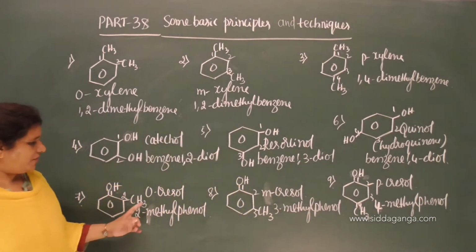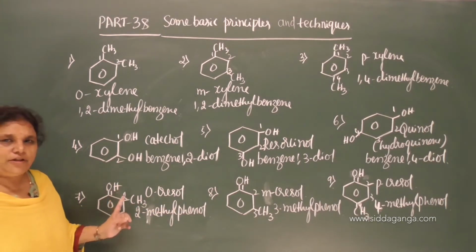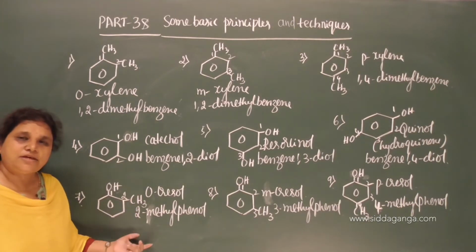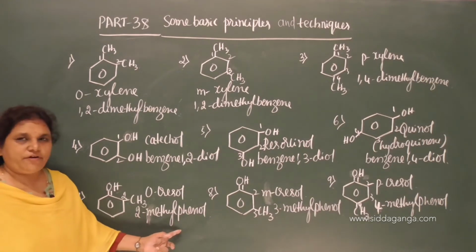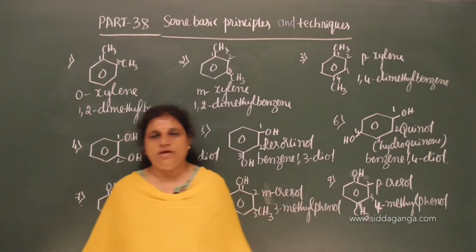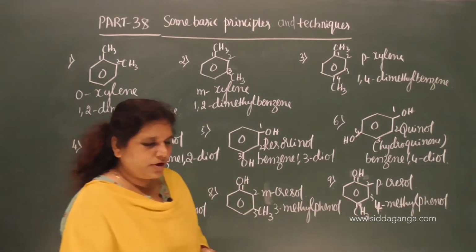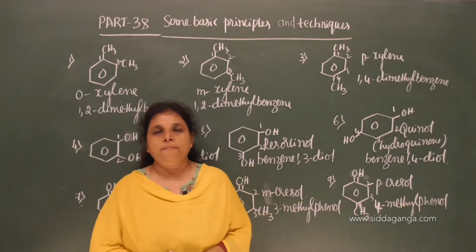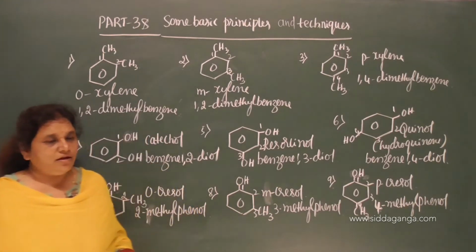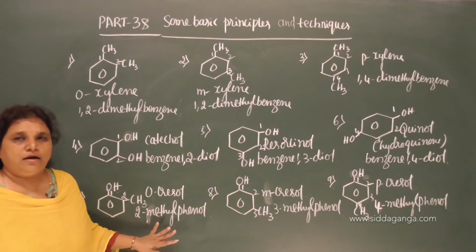So instead of o-cresol, you can even write ortho-methyl phenol. Instead of 2 here, if you write o, that becomes a common name. o-methyl phenol, m-methyl phenol, p-methyl phenol, meaning you can take the root word as phenol. So this is one important point while naming disubstituted and polysubstituted benzene. You need not take only benzene as a root word.